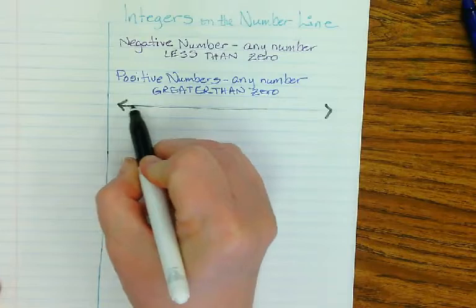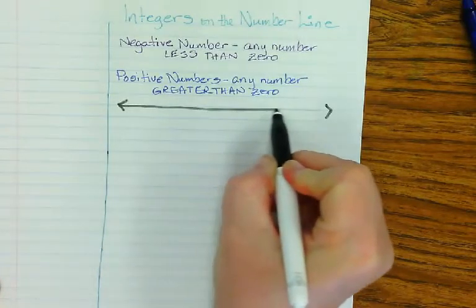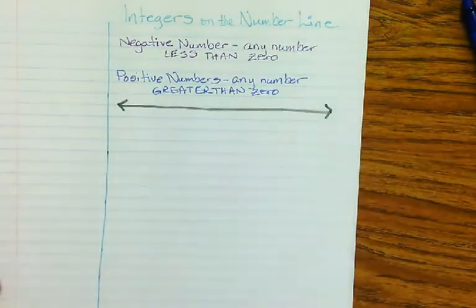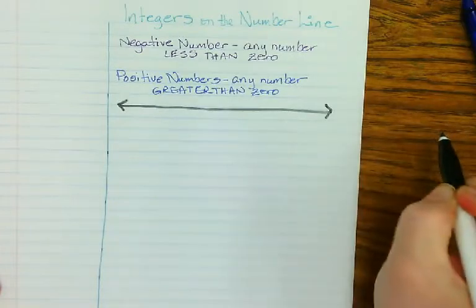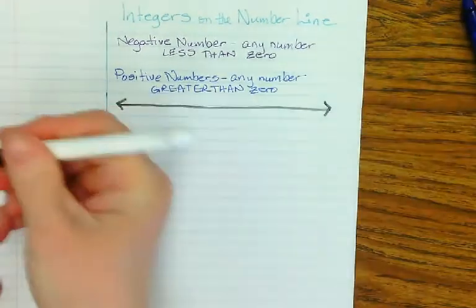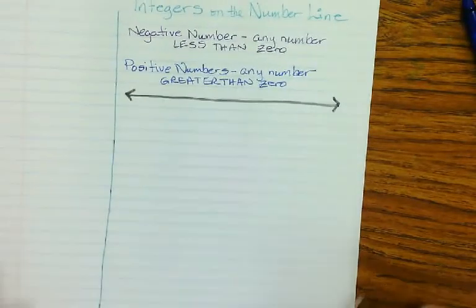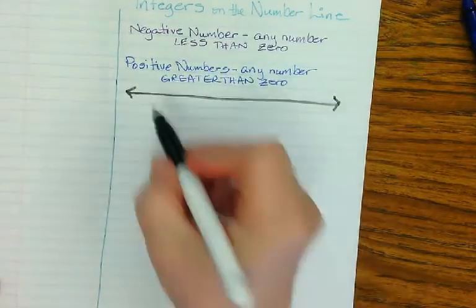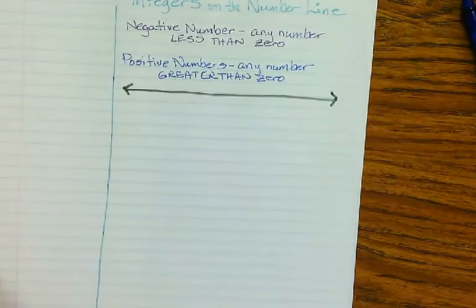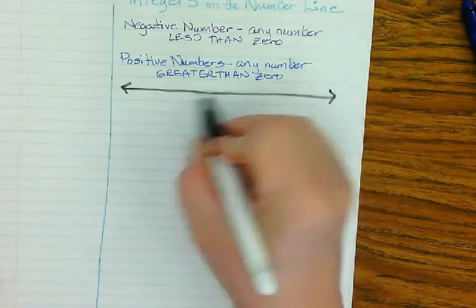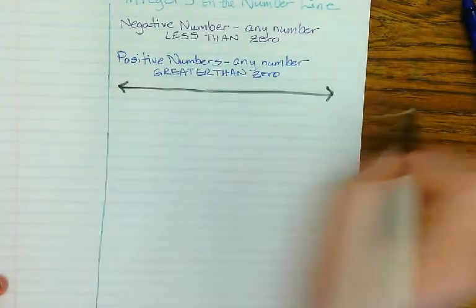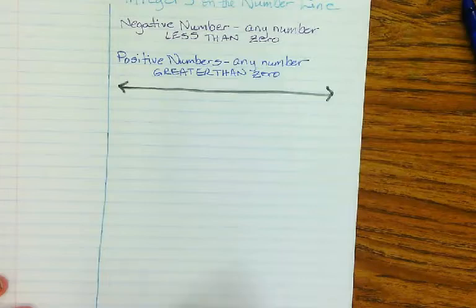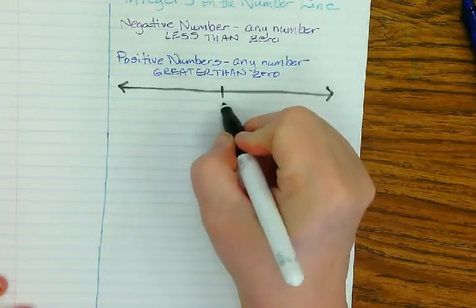That tells us that it actually is going on forever and ever. It does not stop right there. It does keep going forever in that direction and in that direction. Now you're used to seeing a number line where the 0 starts here. But we're now in middle school and the 0 can be anywhere. Anywhere. I'm going to stick my 0 right here.